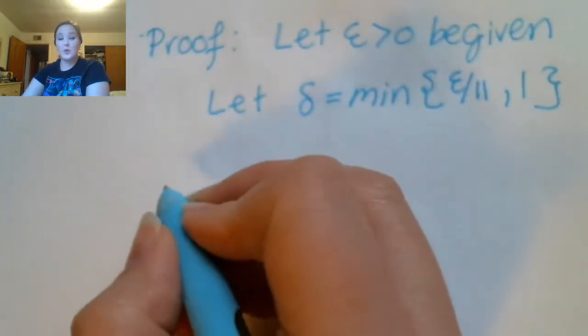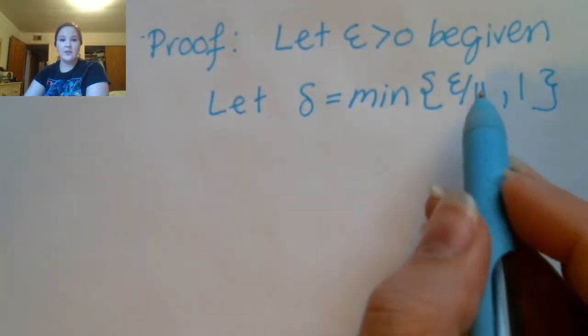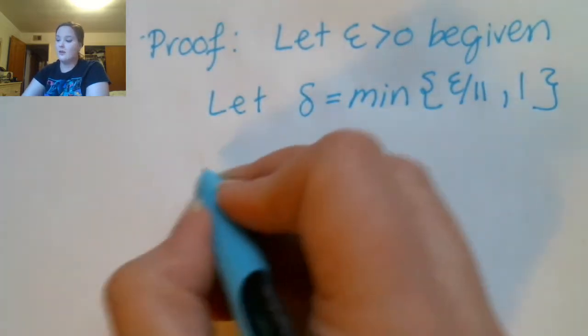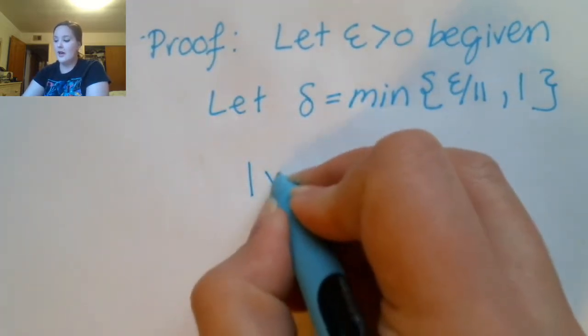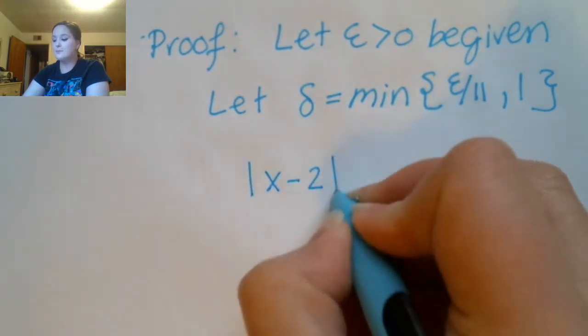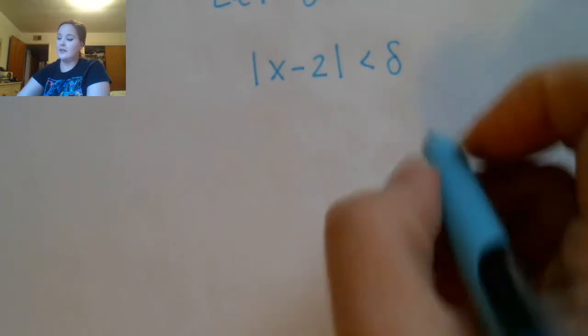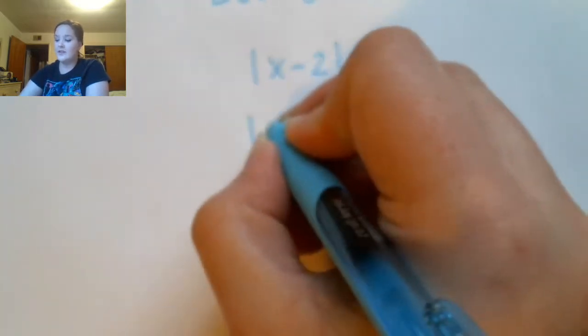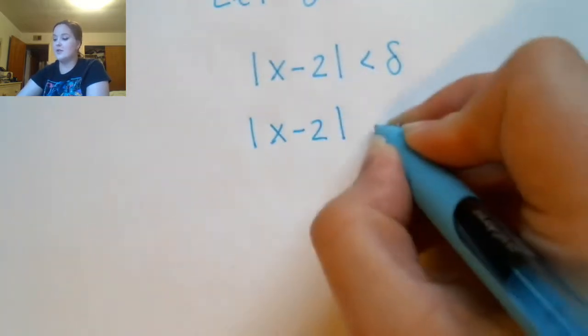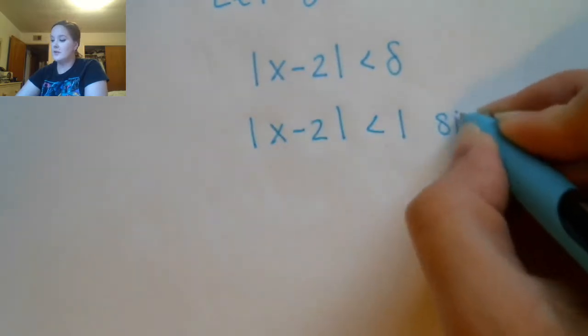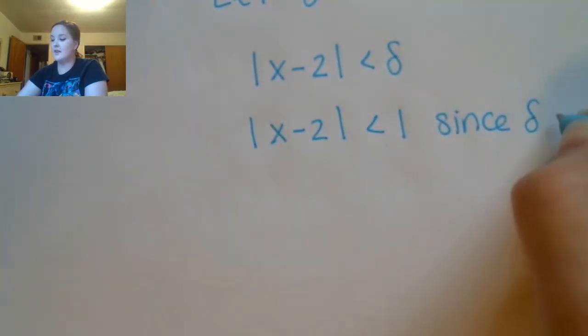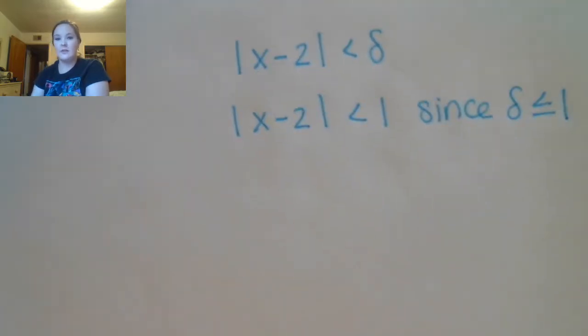So we're going to prove first the thing that we need about x plus 8. We start with absolute value of x minus 2 is less than delta, and that tells us that the absolute value of x minus 2 is less than 1, since delta is less than or equal to 1.